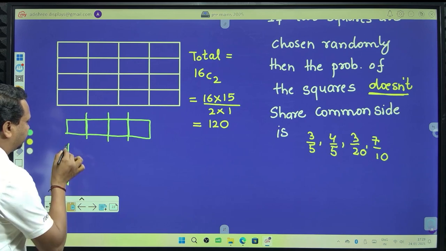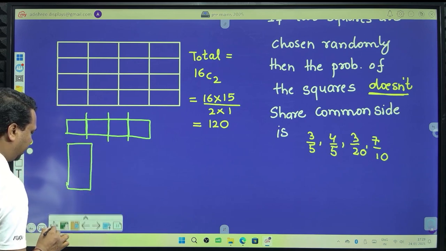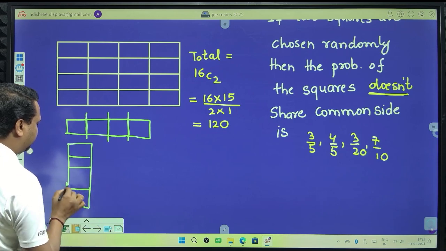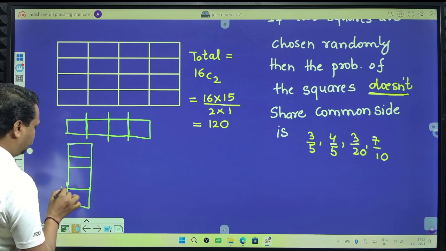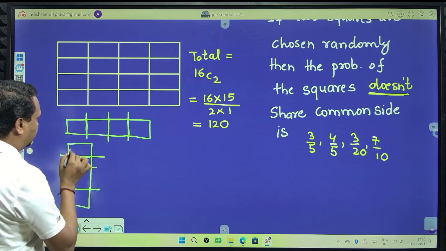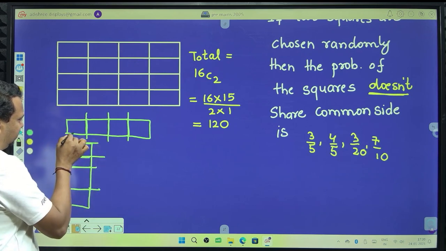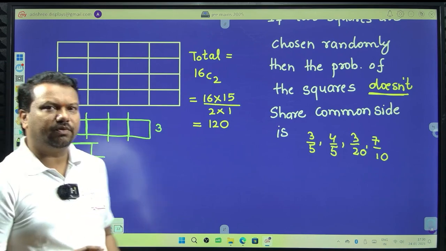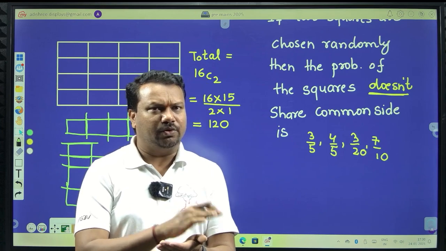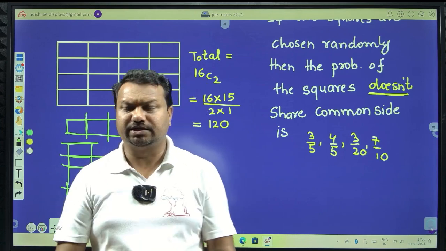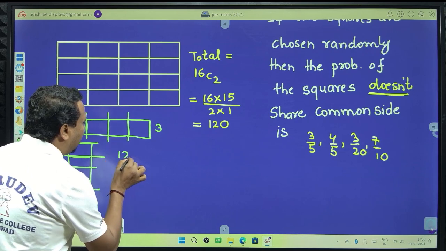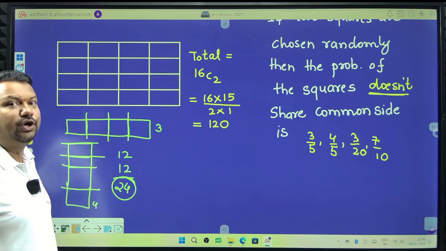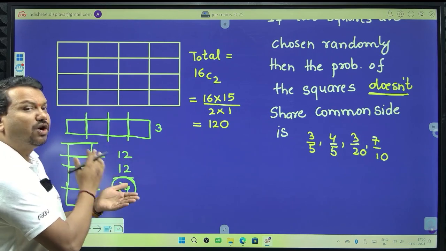If I take vertical, these two are attached. So 3 here, 4 there, 3 4s are 12 is one set. Another set is when we consider row and column: 3 into 4 is 12, again 4 into 3 is 12. Total adjacent pairs having a common side are 24.